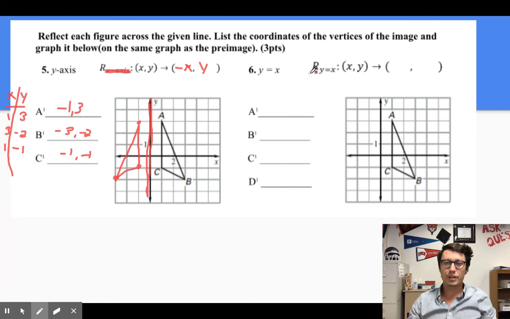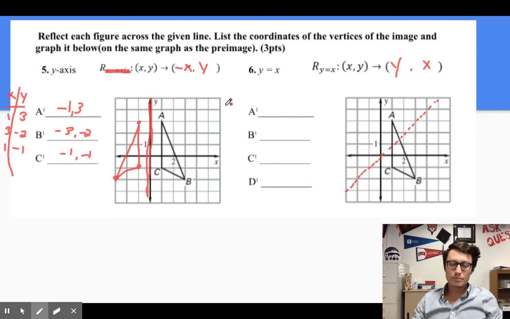Okay, here we're reflecting across the line y equals x. That means (x, y) is going to change to (y, x). We just switch the numbers. So that is a diagonal line that we're reflecting across right there. And again, I'm going to draw in the coordinates of our originals.